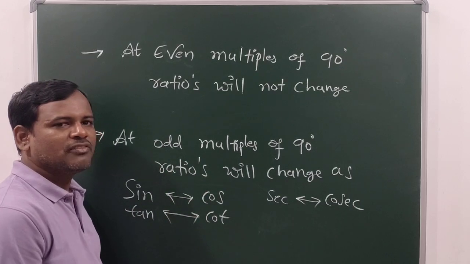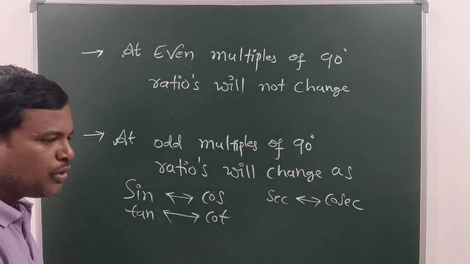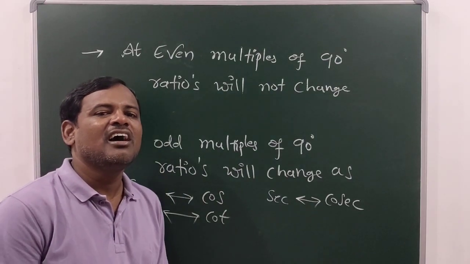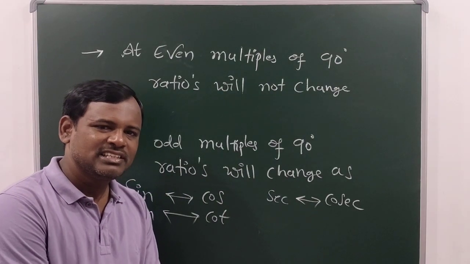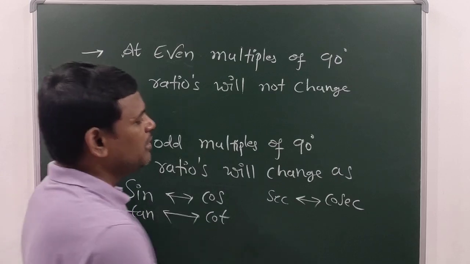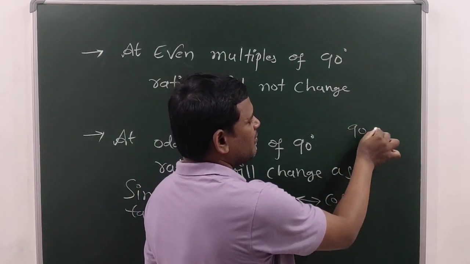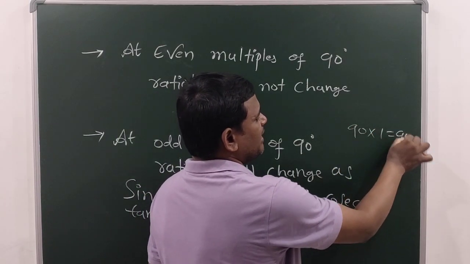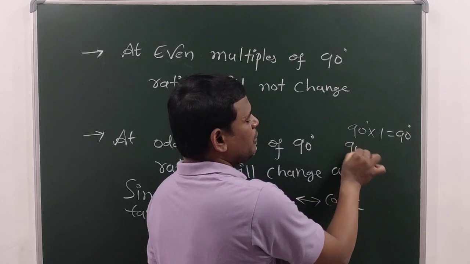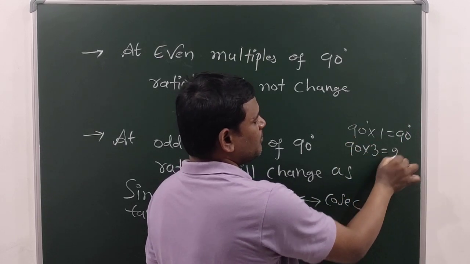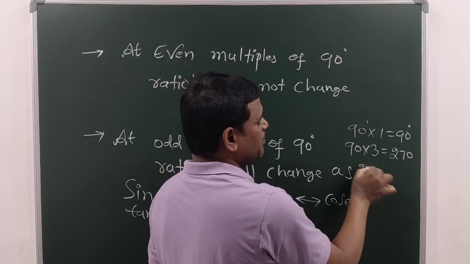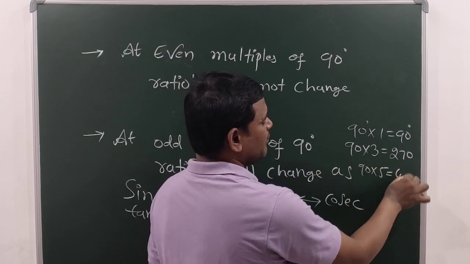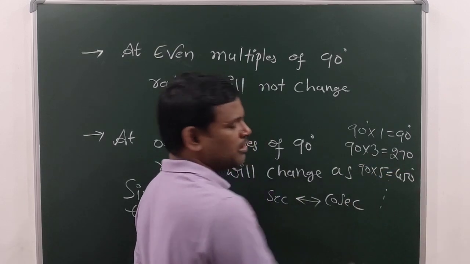What are odd multiples of 90? You have to multiply 90 with odd numbers like 1, 3, 5 and so on. If you multiply 90 with 1, you will get 90 degrees. When you multiply 90 with 3, 270 degrees. When you multiply 90 with 5, you will get 450 degrees and so on.